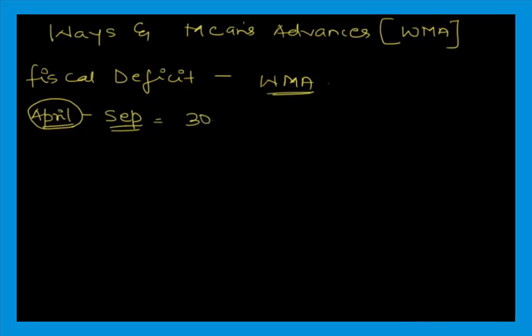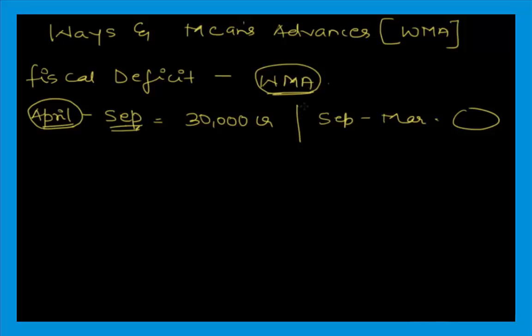Currently, it is 30,000 crore rupees that the RBI gives to the central government under the WMA. At the end of September, they will again announce that for the remaining 6 months, which is September to March, how much they will be willing to give the central government. So that's how the WMA operates at this point in time.